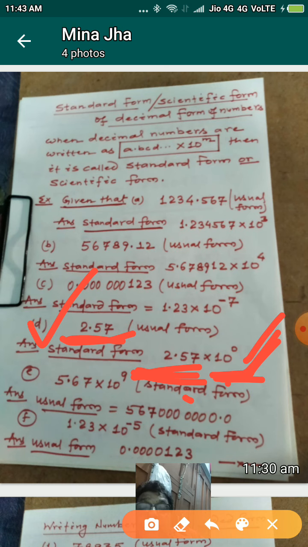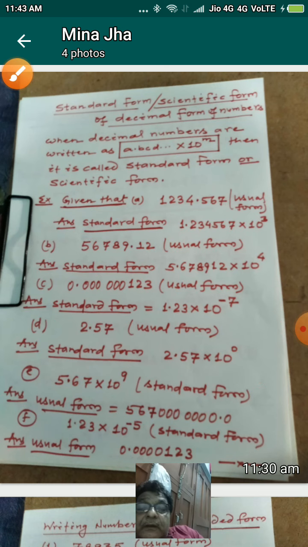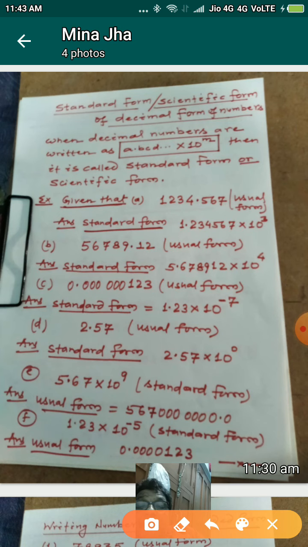One more thing to note: when the number is already given in usual form but has the place of decimal like standard form, then it will be multiplied by 10 to the power 0, because there is no change in the number regarding the place of decimal.